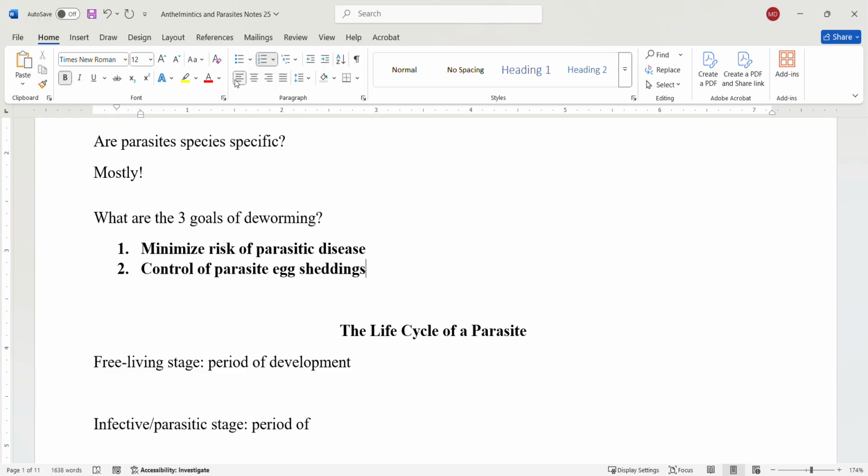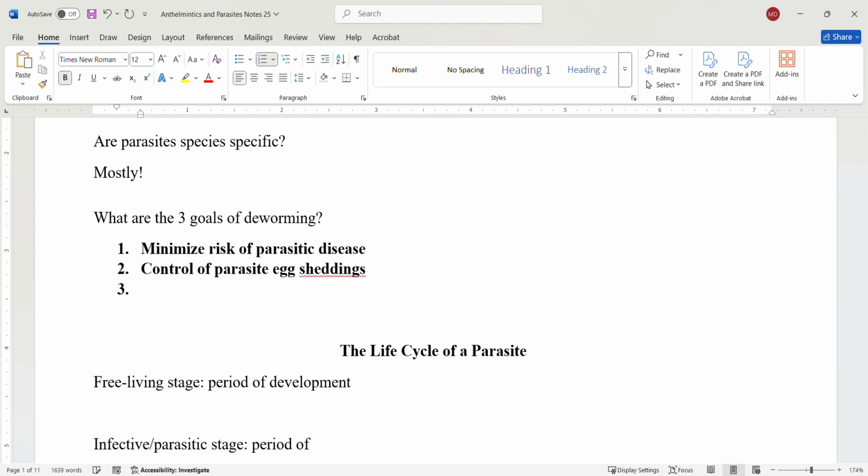So the least amount of eggs we can put into the environment, the more we're going to lessen that exposure for all those horses, which is a great way to help control this parasite transmission, ideally without having to rely on dewormers.